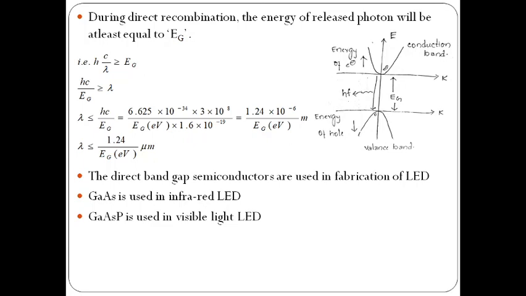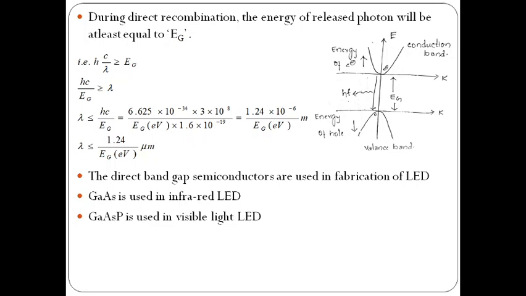So in the direct recombination, the energy of the released photon must be greater than or equal to the band gap of the semiconductor material. So we can write hc by lambda is greater than or equal to Eg. So from that, by substituting the Planck's constant and light velocity, lambda is less than or equal to 1.24 by energy gap in electron volts. The result will be in micrometers.